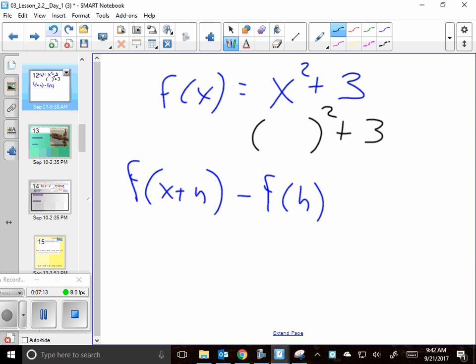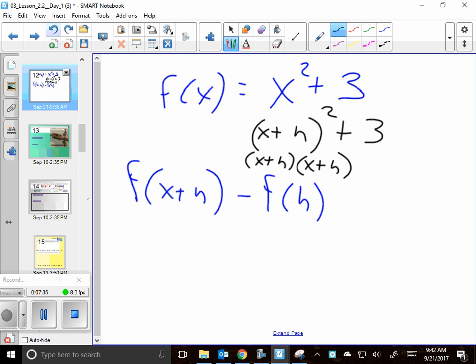Okay, so now I'm going to put in x plus h. X plus h. And next thing is, you can't fall into this trap. Oh, x squared plus h squared. Nope. It's x plus h times x plus h. That's got 4 parts. And then you add 3. Okay, so the answer is not x squared plus h squared plus 3.